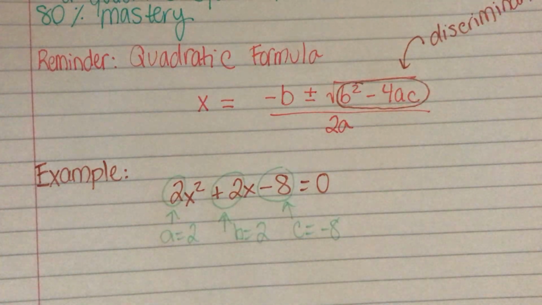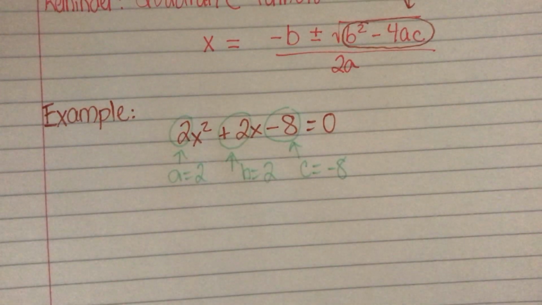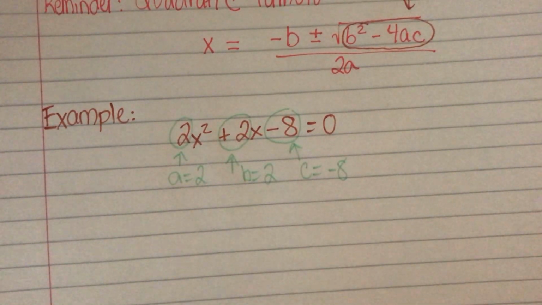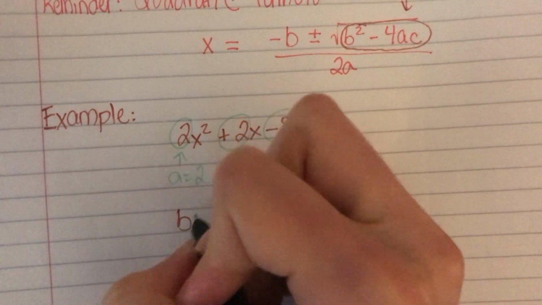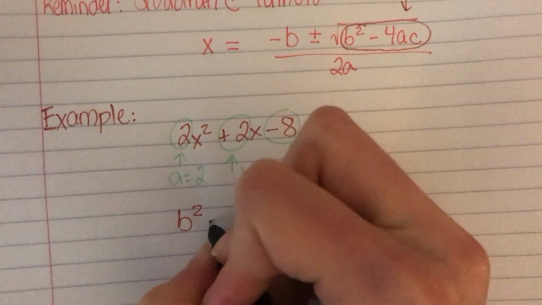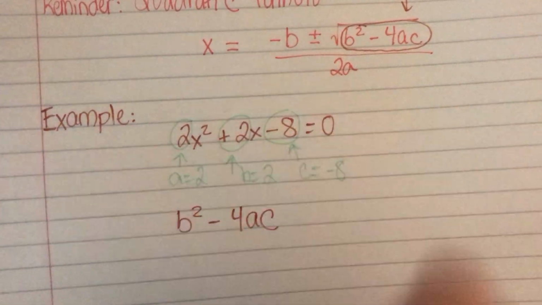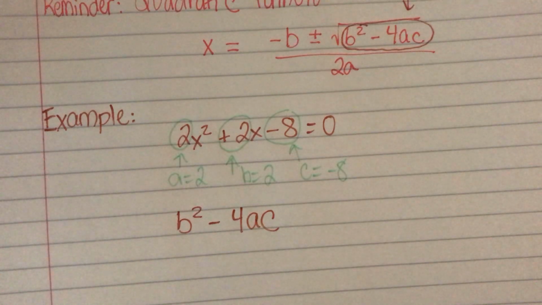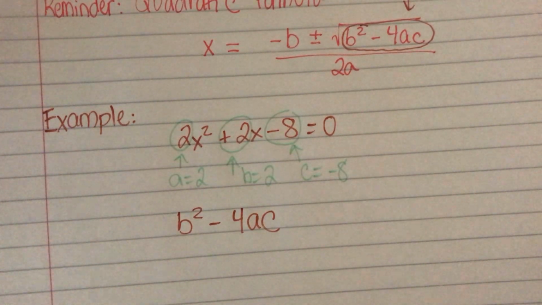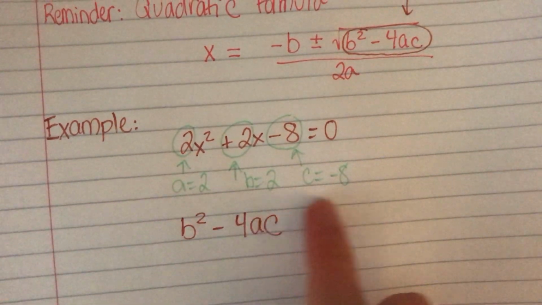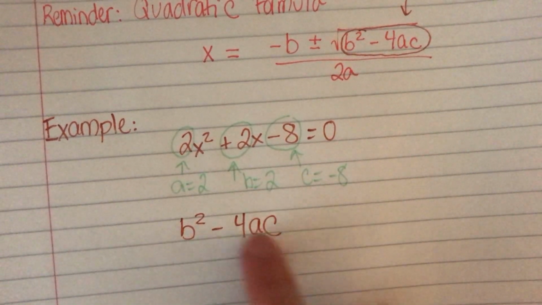Once we have those numbers, we're going to go ahead and calculate the discriminant, which is just b squared minus 4ac. So again, I'm going to write the discriminant down here: b squared minus 4ac. This is what I'm trying to find. All I need to do here is substitute the numbers up here into the letters down here.